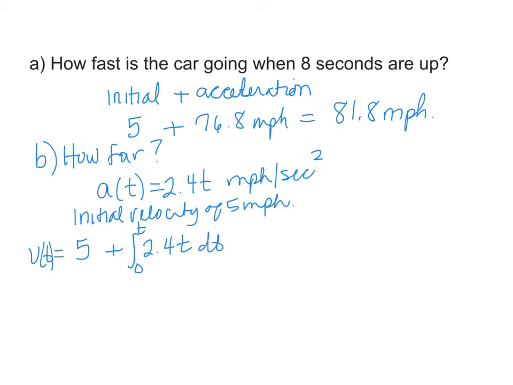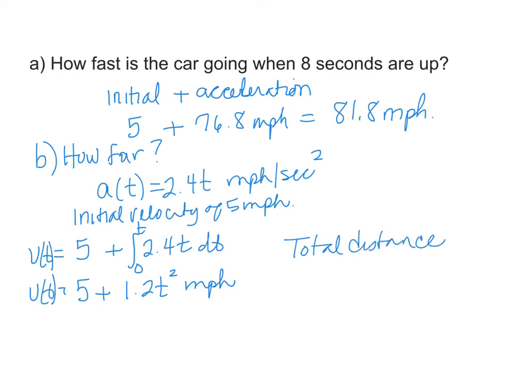So when we figure what this is, we would have 5 plus 1.2 t squared miles per hour. So this is the velocity. So when we want to find total distance, remember that the total distance is the integral of the absolute value of velocity, dt.